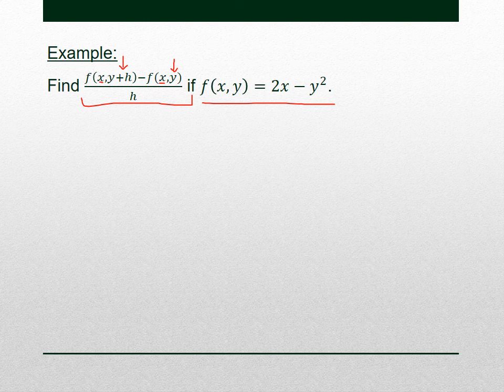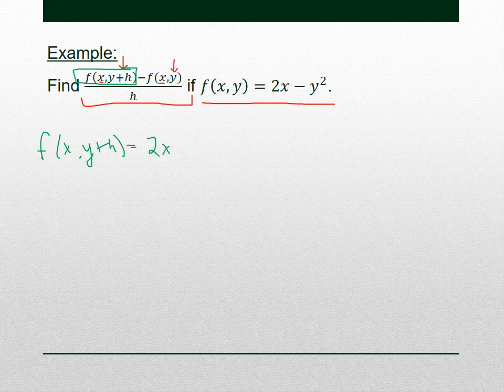What is f of x comma y plus h? So we're going to go over here to our f of x y. Here, we'll do this one off to the side, and I'll even do it in a different color. So just this thing. What is f of x comma y plus h? Well, that means we want to plug in just x equals x.